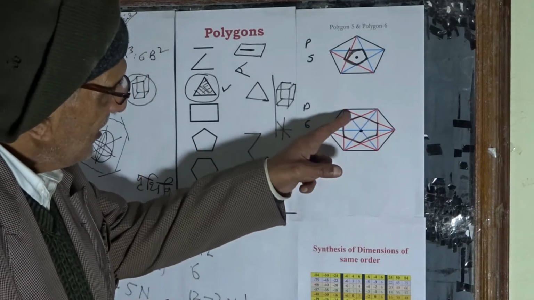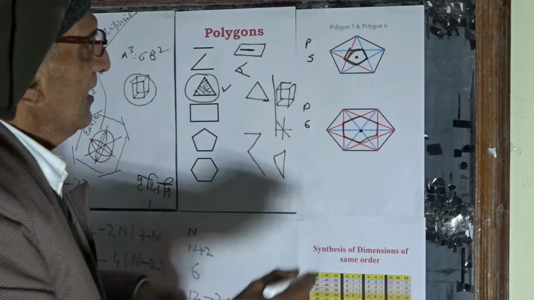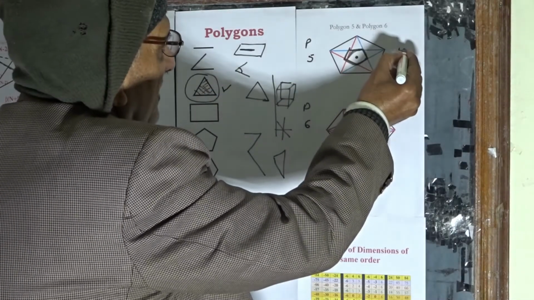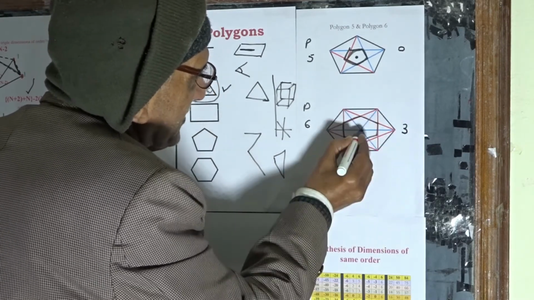See, only 3 internal diagonals are passing through it. From here, there is a 0 number of diagonals, but here there are 3 number of diagonals which are crossing it.